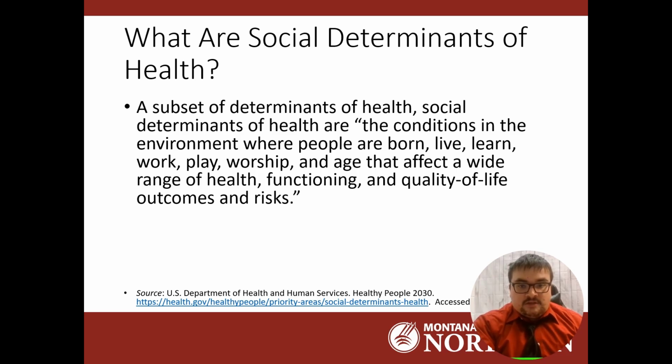Then there's transportation. Do you have reliable public transport or a safe walking environment? Social support, family structure, community networks, and others. Access to healthcare services, health insurance, or proximity to healthcare facilities. And then there's also discrimination and social norms, such as stigma, racism, and gender inequality, for example.